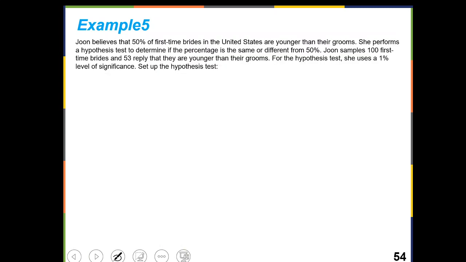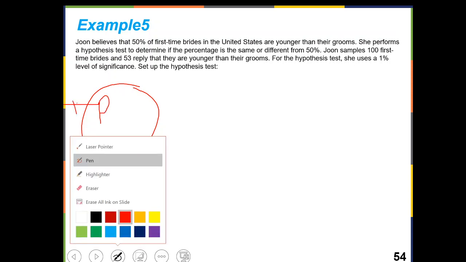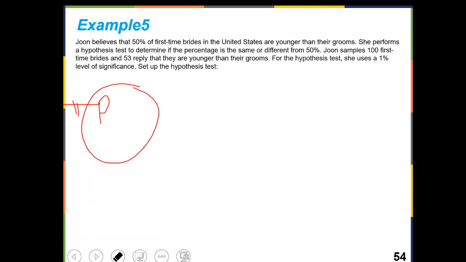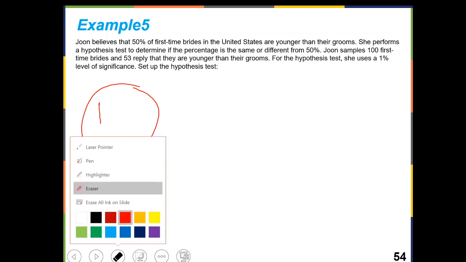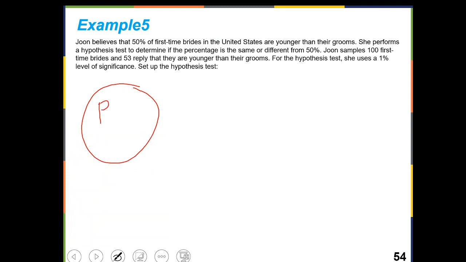So let's do it over here together. So here is p. We don't know. So that's p that we don't know. So we're going to take a sample of 100, and then p prime is going to be 53 over 100, right?